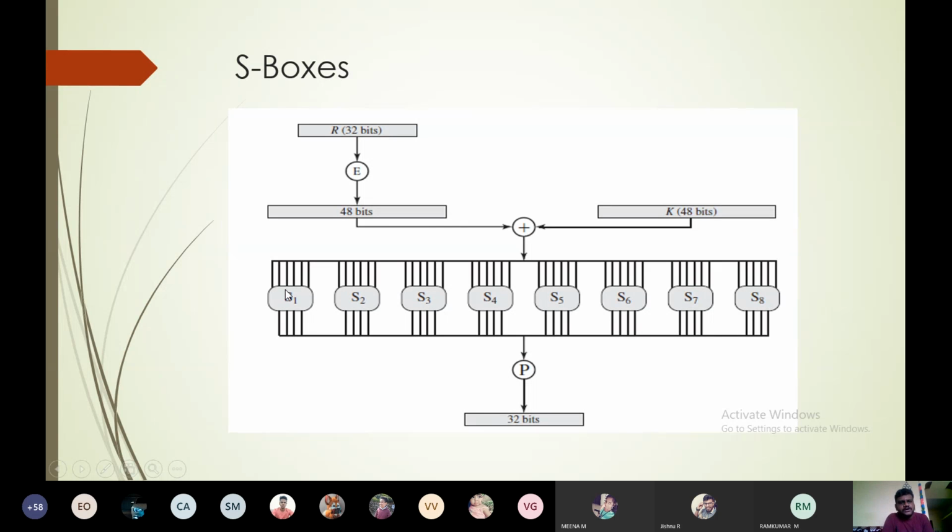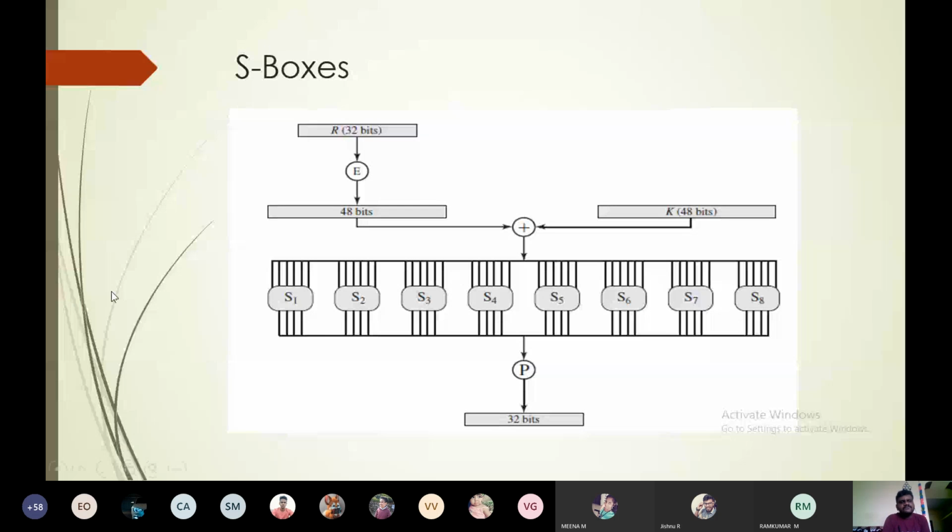So what will be the input? 8 into 6. We have given 6 inputs for a single S box, and we have 8 S boxes in total, so 6 times 8 is 48. That 48 will be converted into 32. How? In a single S box, I get an output of 4 bits only, because I have deleted the first and last bits, which are the row bits.